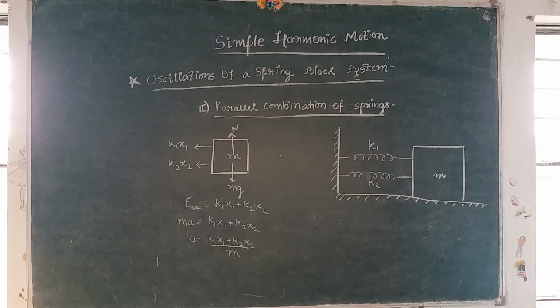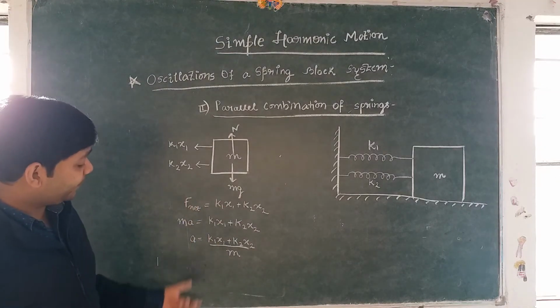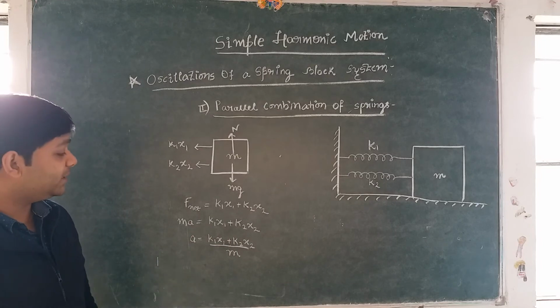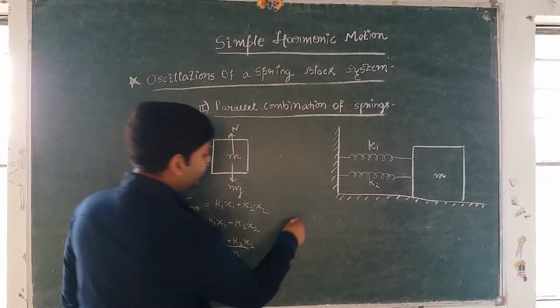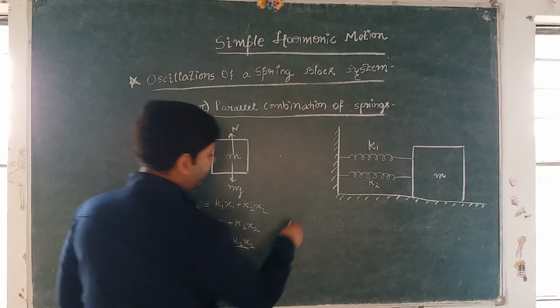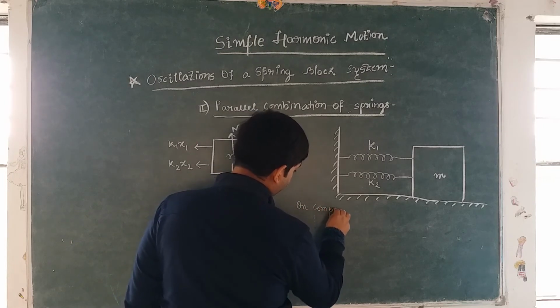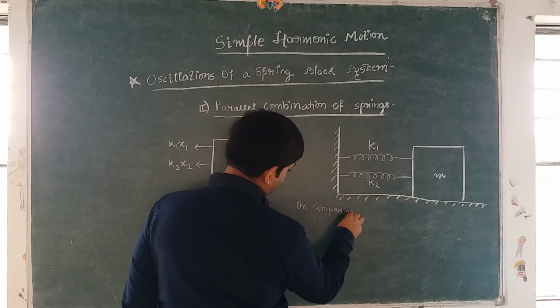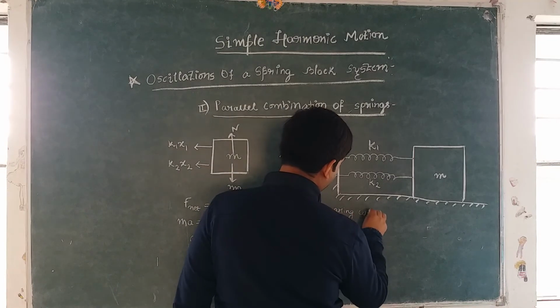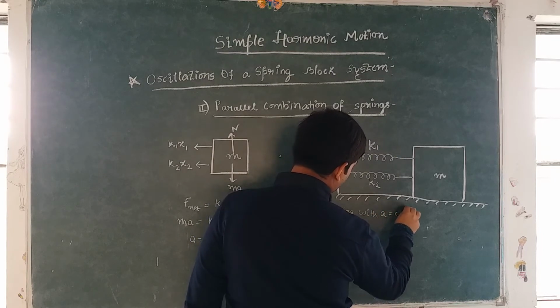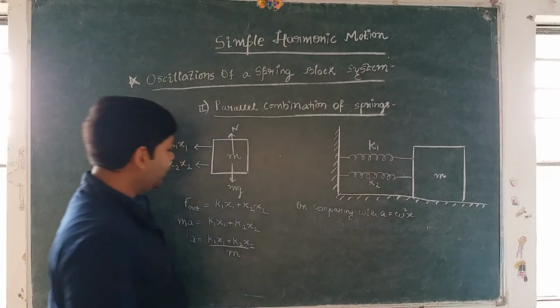Please note down till here and then we shall move forward. And now if we compare this equation with a equals omega square x, on comparing with a equals omega square x, then what we will have?